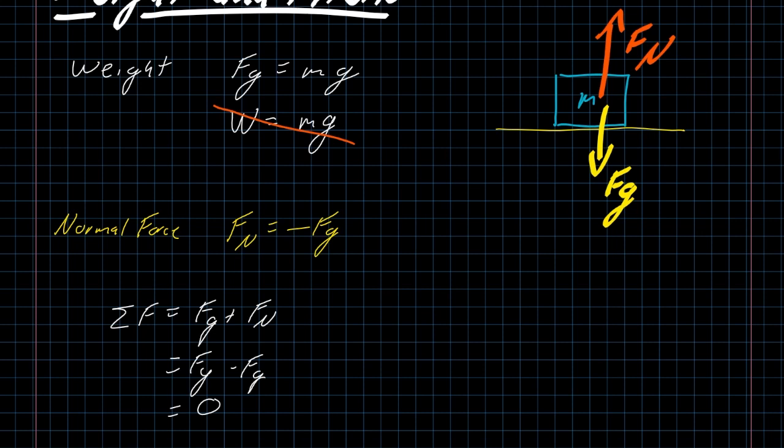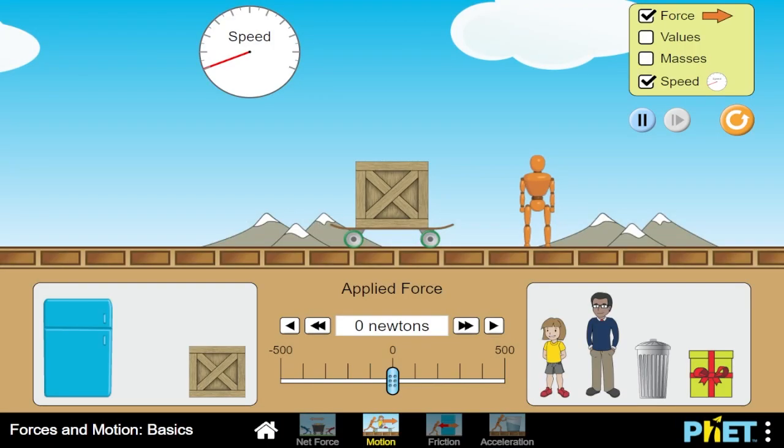At this point, you might be starting to think that I am talking about new things just for the sake of talking about them, but there is a method to all of this. I'm going to go back to our simulation on PhET, so I apologize that the screen is suddenly going to become a lot brighter. And I want to remind you of this simulation that we've worked with before.